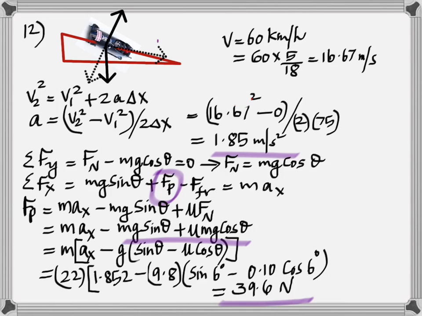That gives $39.6. Okay, that's the diagram now. Mg resolved into two components, normal reaction.